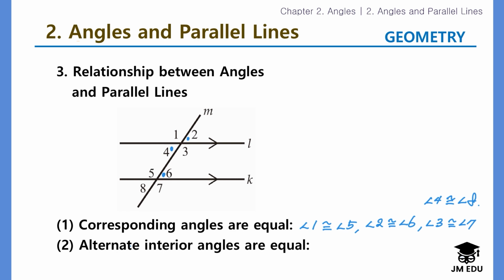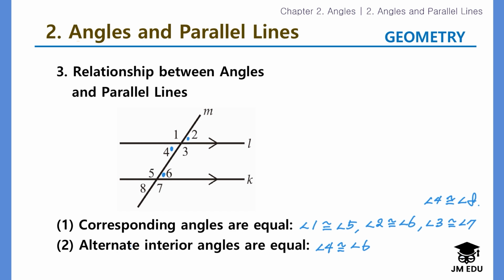So we have angle number 4 and angle number 6. They are alternate interior angles. They're congruent. So we can say that angle number 4 is congruent to angle number 6, alternate interior angles.